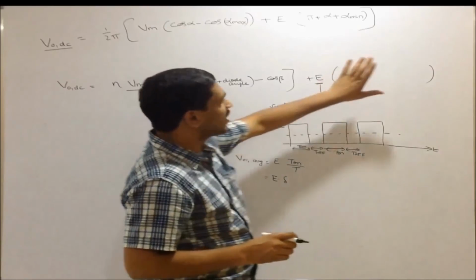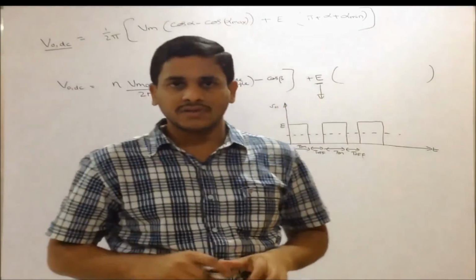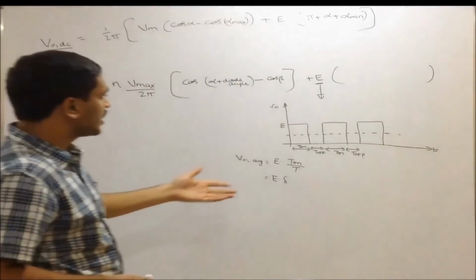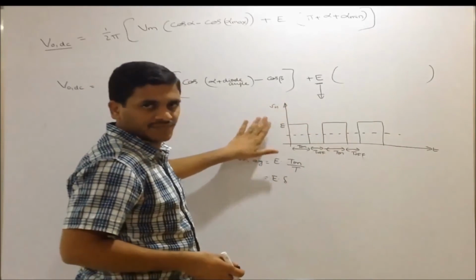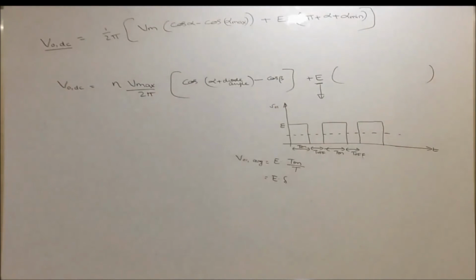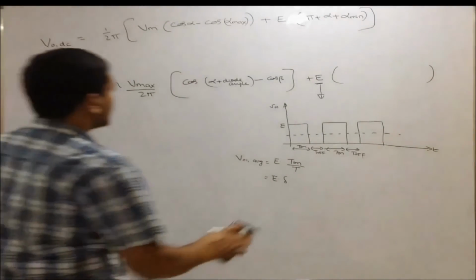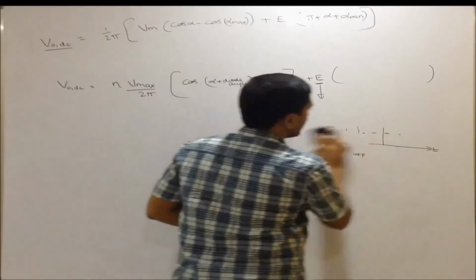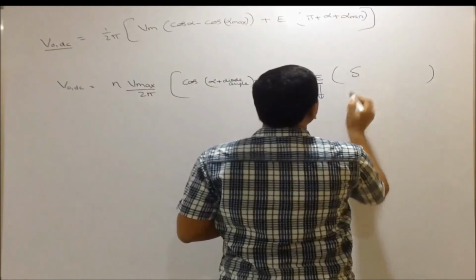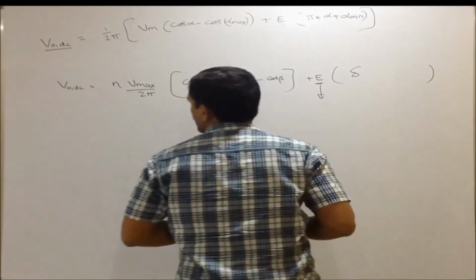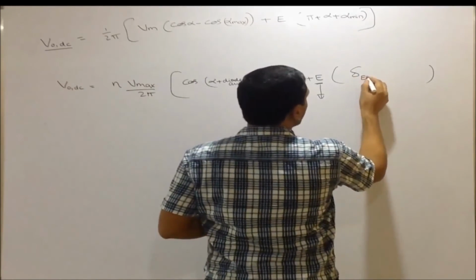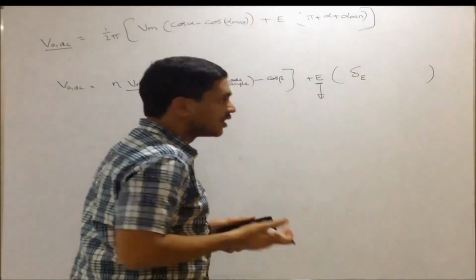The same funda is applicable here also, because E is like a constant voltage, like the example we have seen. So here also we get E into delta, delta of E, meaning how much time my E is present.